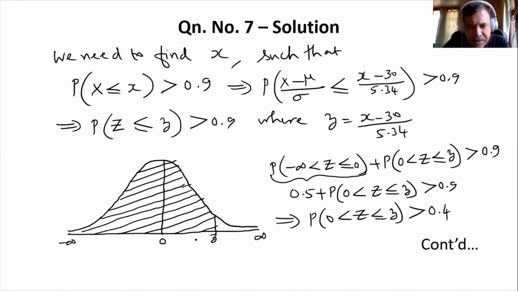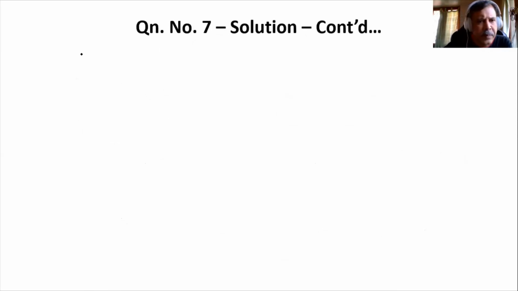Now from the normal distribution tables, we can get the value of z as 1.28. So I can say z is equal to 1.28.